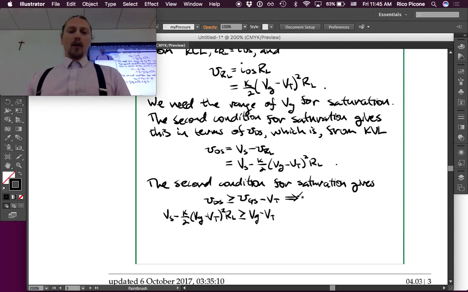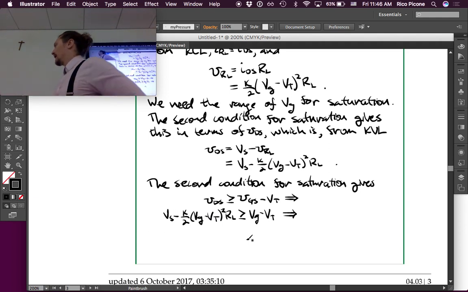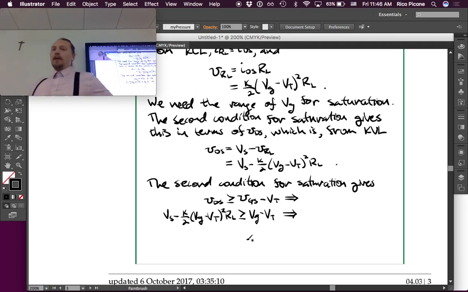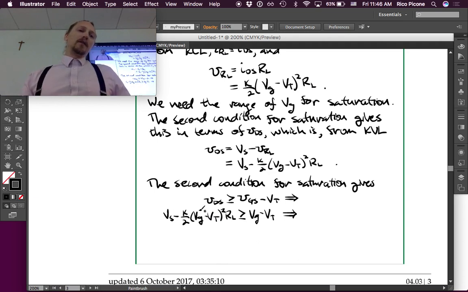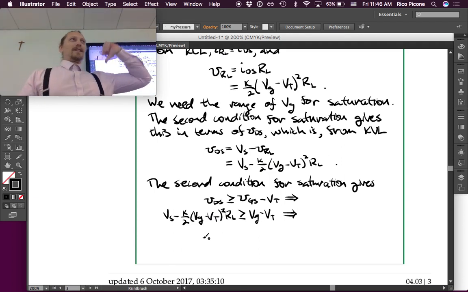So what we want to know is the range of VG, right? This is the inequality that's going to give us the range of VG for saturation. All we have to do is solve this inequality for VG. Unfortunately, VG shows up on both sides of this, and it shows up quadratically. No fun.